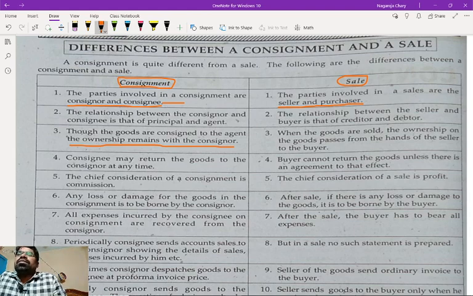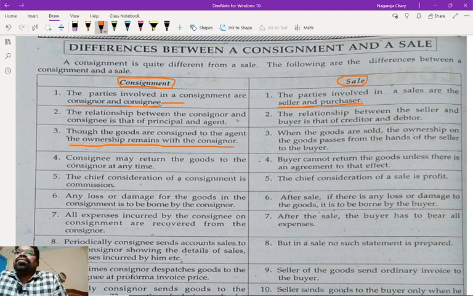In case of consignment, at any time there is no agreement needed. There is no process of agreement. Whenever the time comes, the consignee may return the goods to the consignor.